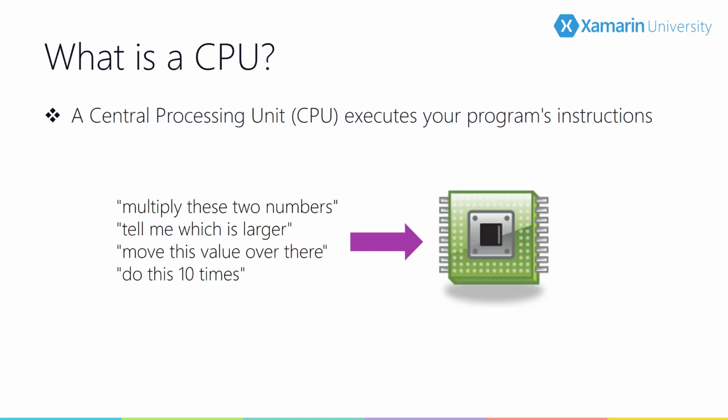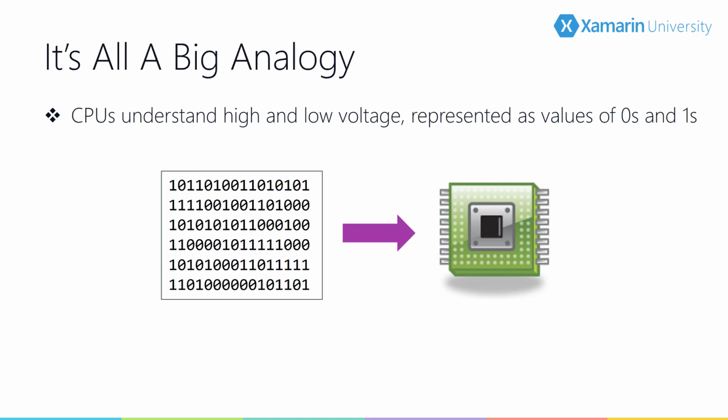Now, when we create a program, the whole point of the program is to execute on a computer. And the CPU, or central processing unit, is what's responsible for executing your program's instructions. Now, CPUs understand what we call binary. Or if you look back, it's also considered high and low voltages, basically electricity flowing or not flowing.